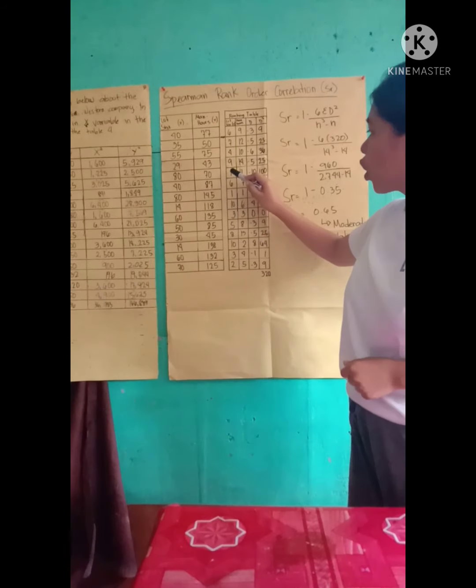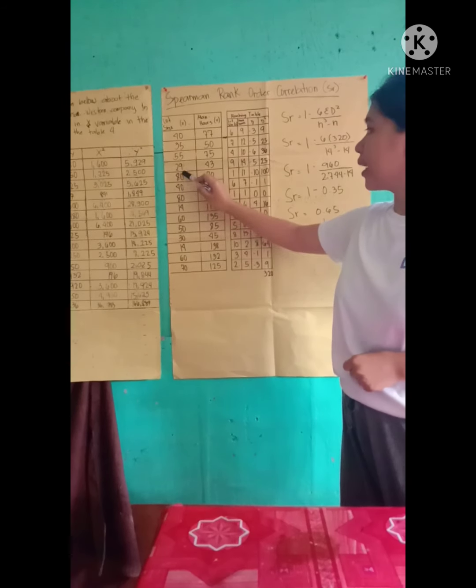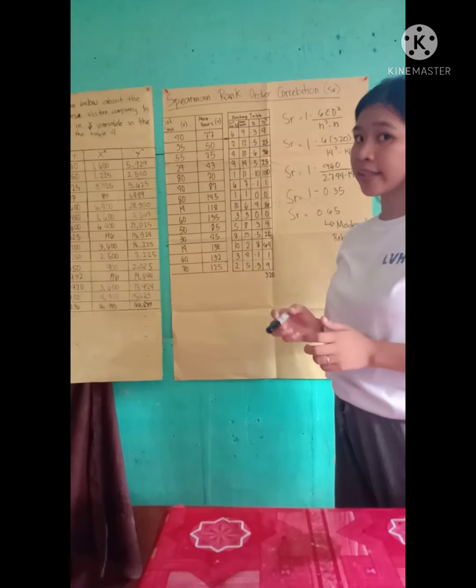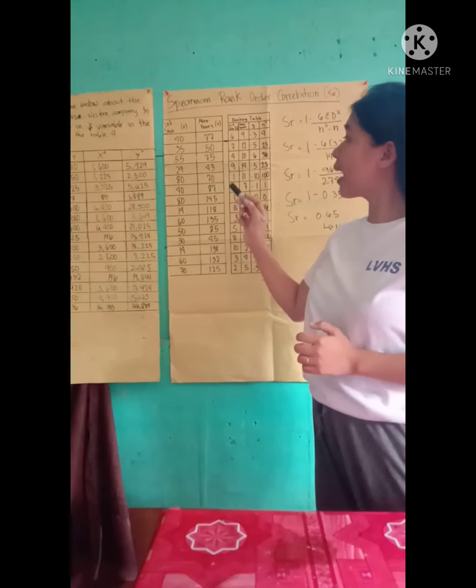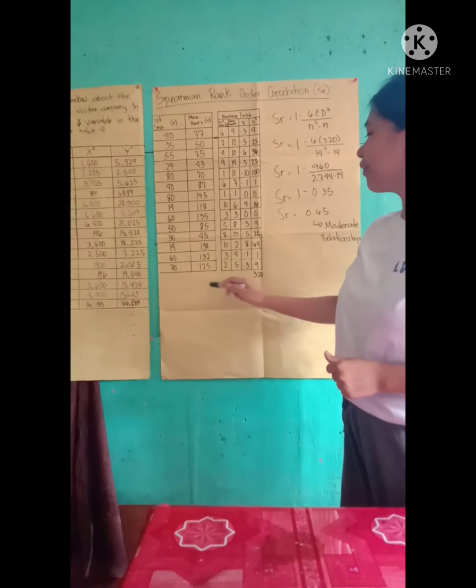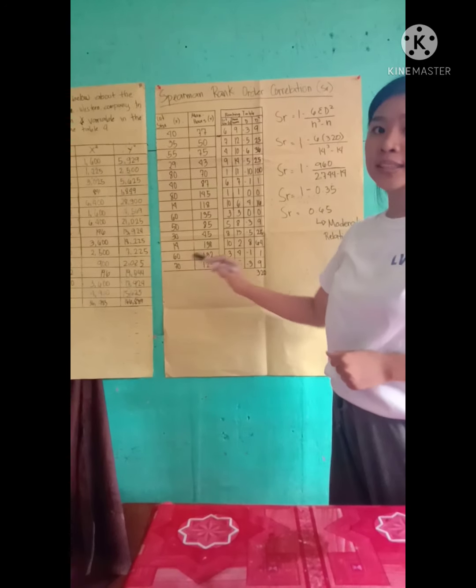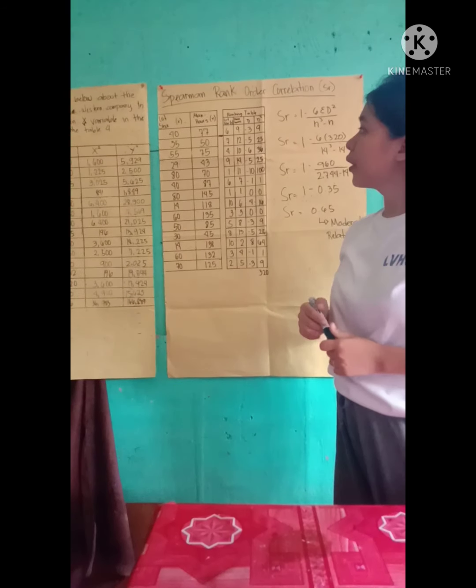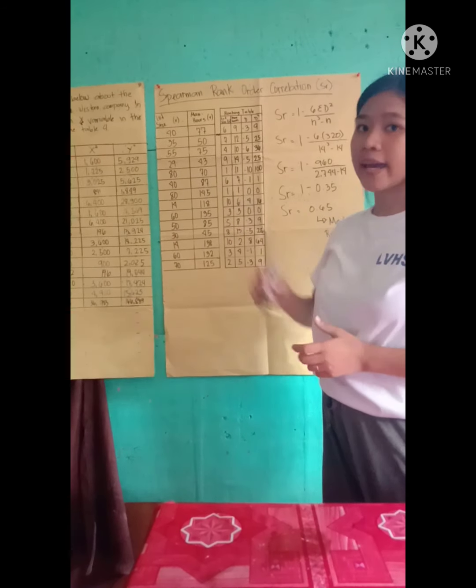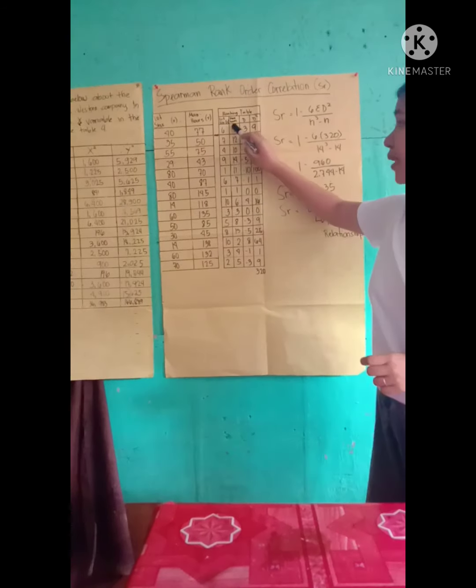We have 1 here because we have 280, and 280 is the highest number in the X column. We have 2 here because 70 is the second highest number indicated in the X column. It is just the same in the man-hours.